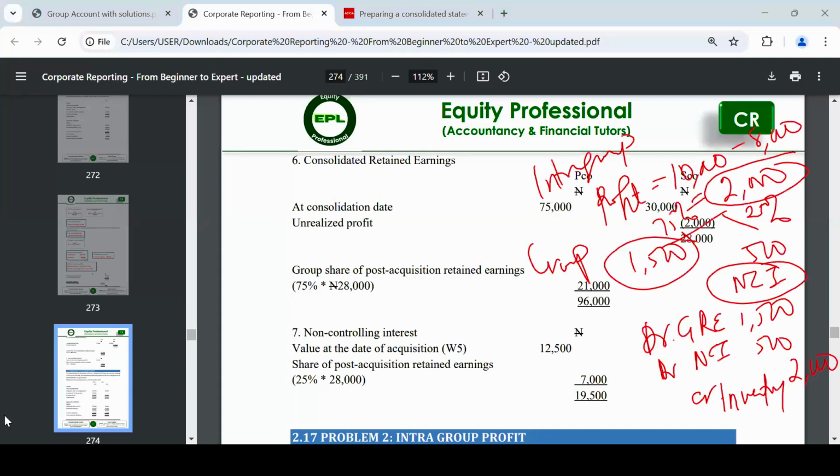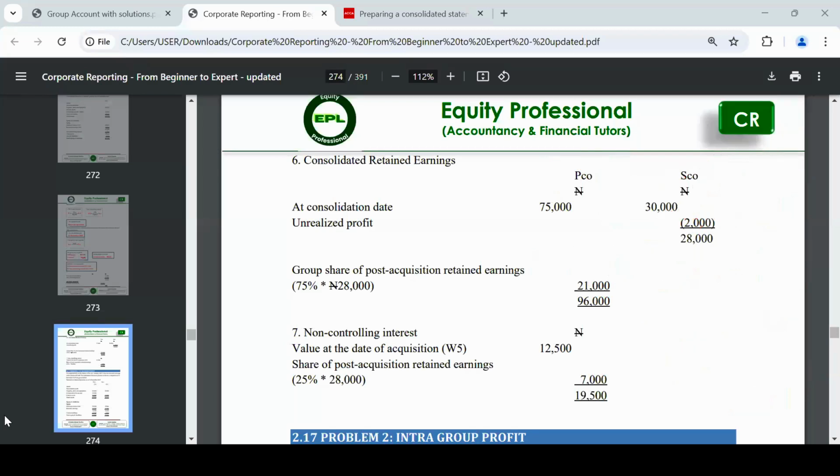That is why. If I like, I may decide to split it separately. I'll simply say 75,000. I will share all of this 30,000 as consolidation date, the post-acquisition retained earnings of ESCO.